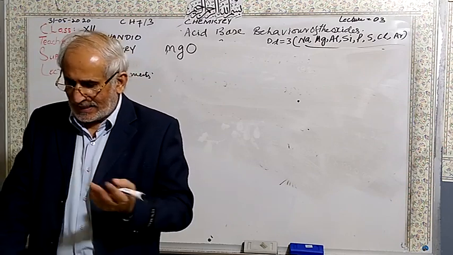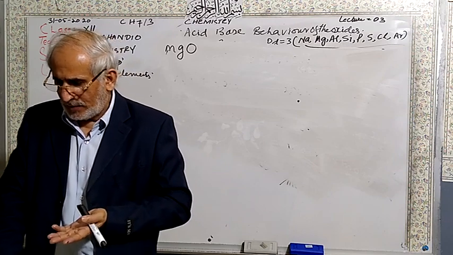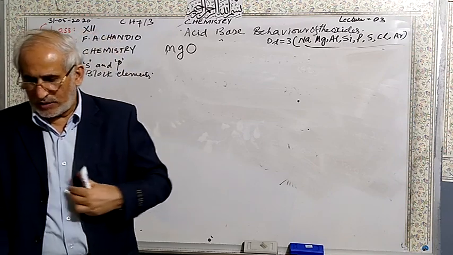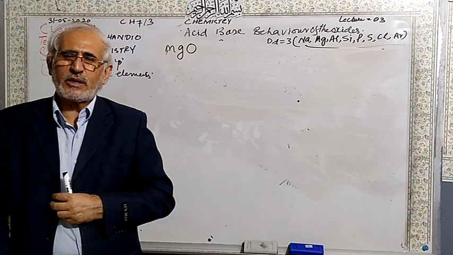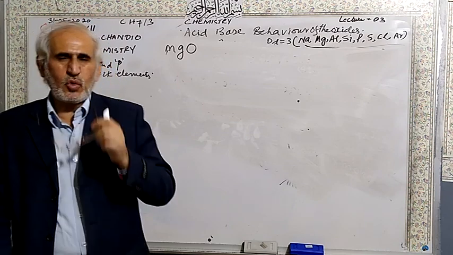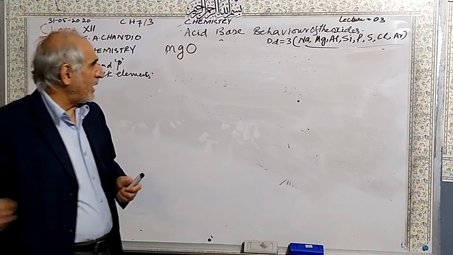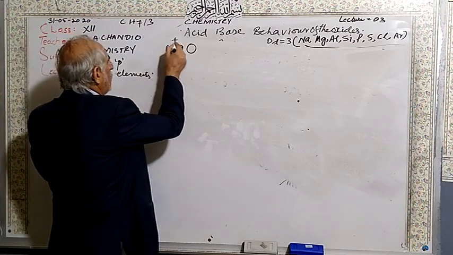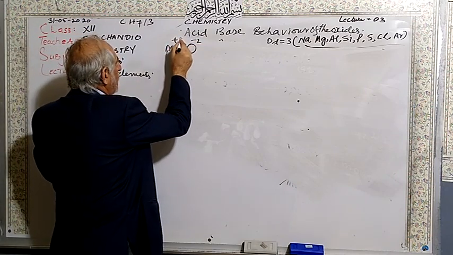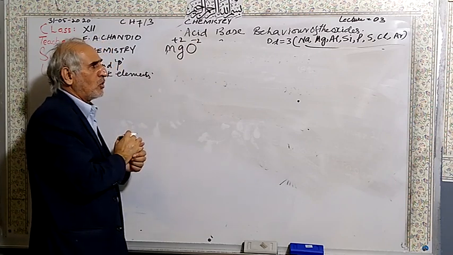In magnesium oxide, the attraction between the ions holds them together, that's why it is not going to dissolve much, and it will give positive 2 and negative 2. There is a positive 2 and negative 2, a simple ratio.